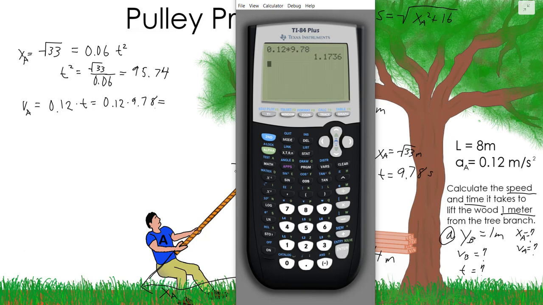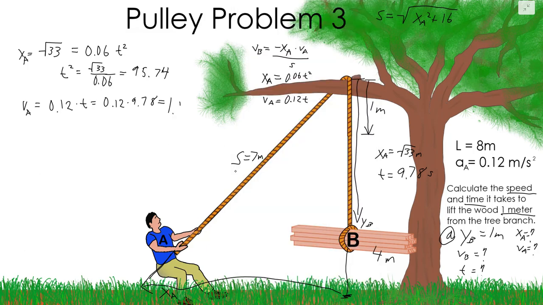So that's 1.17. Not too bad. It's kind of flying up there, but not that fast in the end. So vA equals 1.17 meters per second. So boom, there we go.